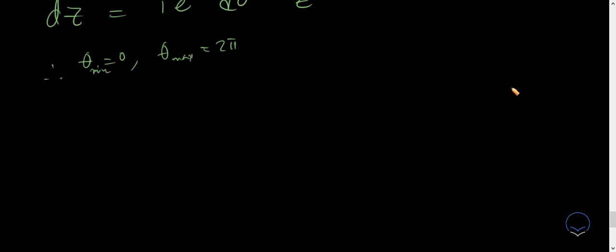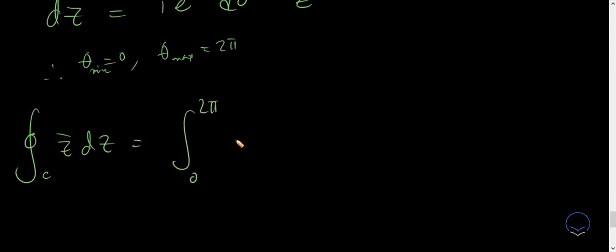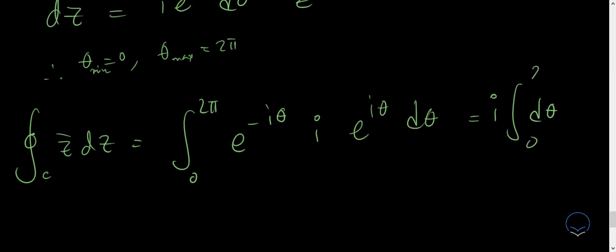So let's now write this integral z bar dz as the integral from 0 to 2 pi. Z bar means e to the power minus i theta, and dz means there will be an i e to the power i theta d theta, right? And this is a very simple integration. It's just i d theta from 0 to 2 pi, and this is just 2 pi i. That's it.